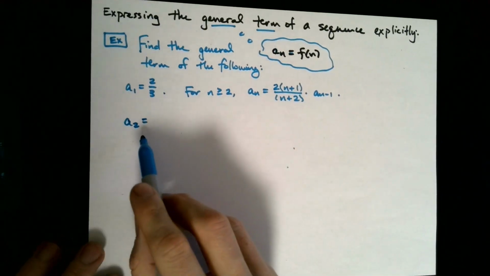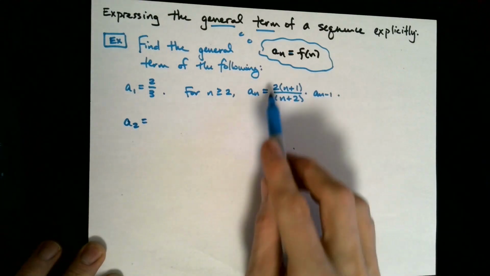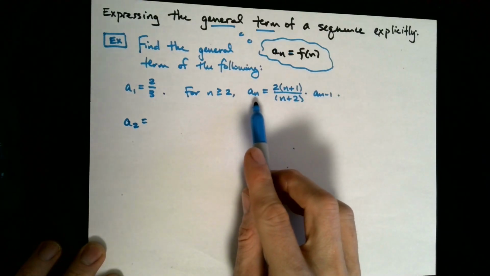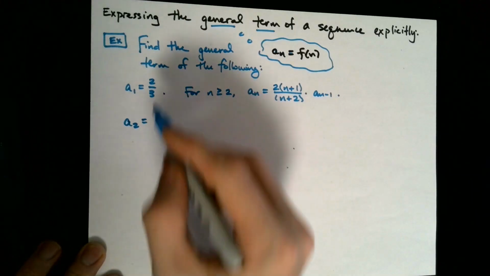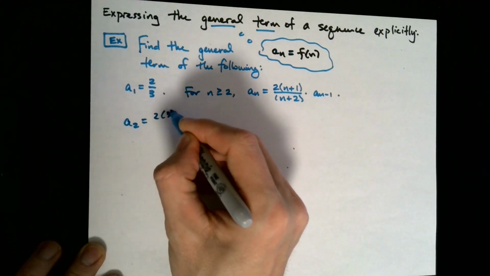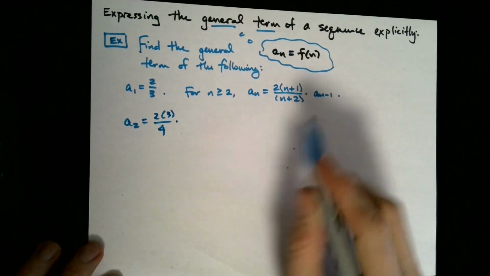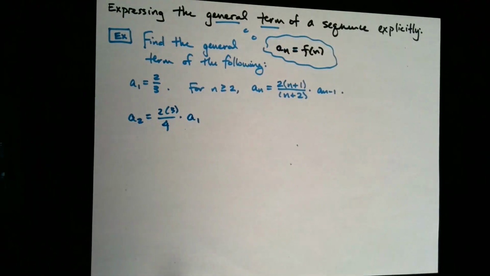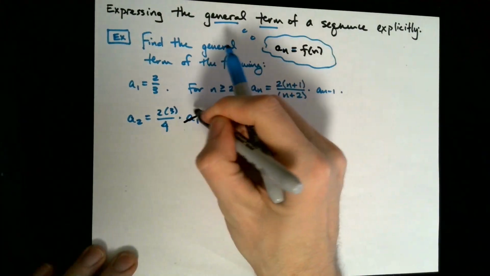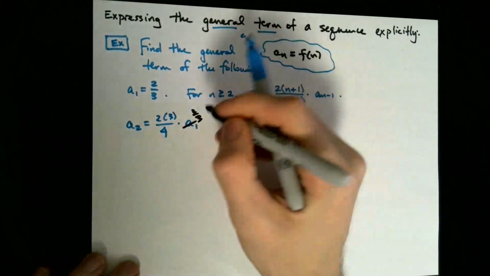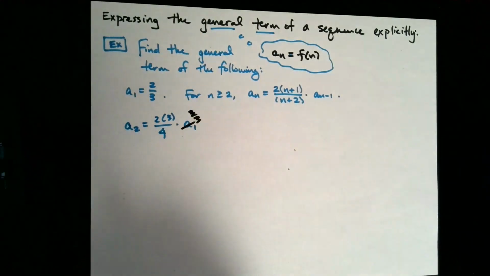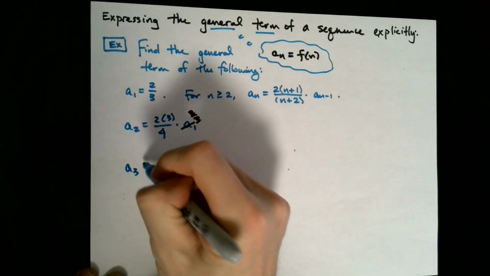Well, what would a2 be? Let's think about this. We could take our recursive definition and plug in n equals 2. If we would, we'd get a2 equals 2 times 3 over 4 times a1. Well, a1 is, as it turns out, 2/3, so we could plug that in. Now, what would a3 be?